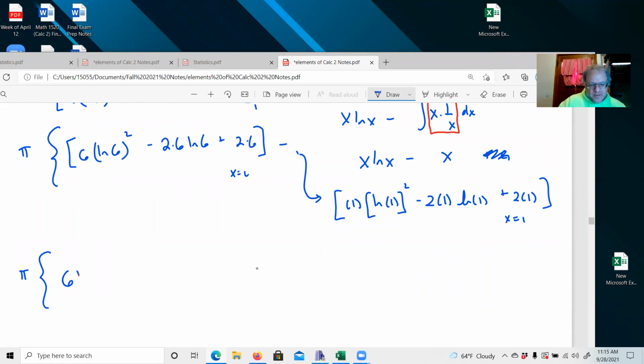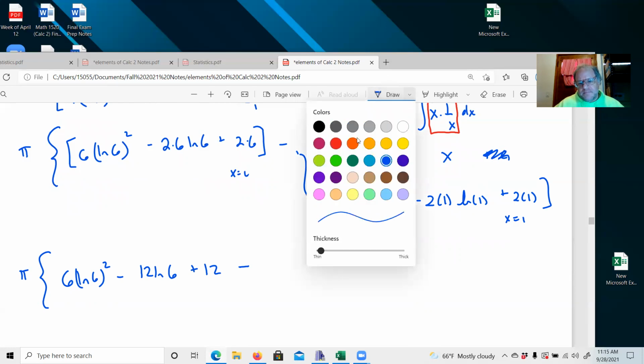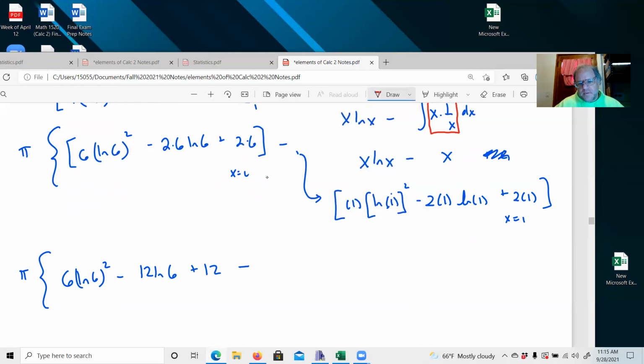All right, so we have pi, and we have 6 ln of 6 squared minus 2 times 6 is 12 ln of 6 plus 2 times 6 is 12. Okay, minus, what's the natural log of 1? Natural log of 1 is 0. That's 0. Natural log of 1 here, that's 0. So 1 times 0 minus 2 times 0, we just have a minus 2.